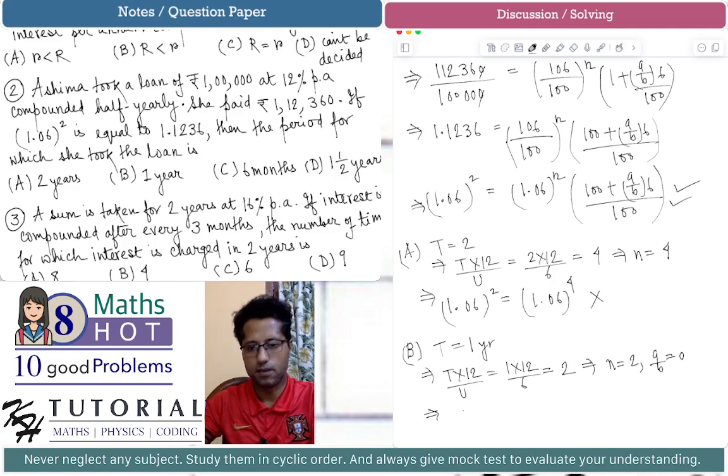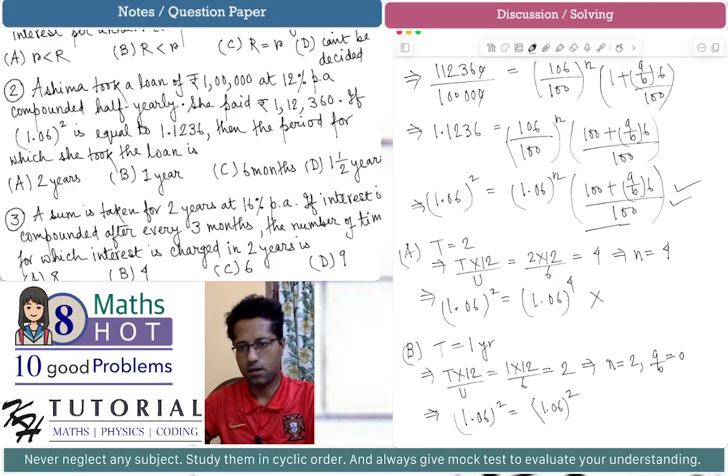So if we put it in the given equation, 1.06 square is equal to 1.06 square, and this part will be 1 because a by b is 0. So this is correct. So t will be 1 year. The correct choice is B.